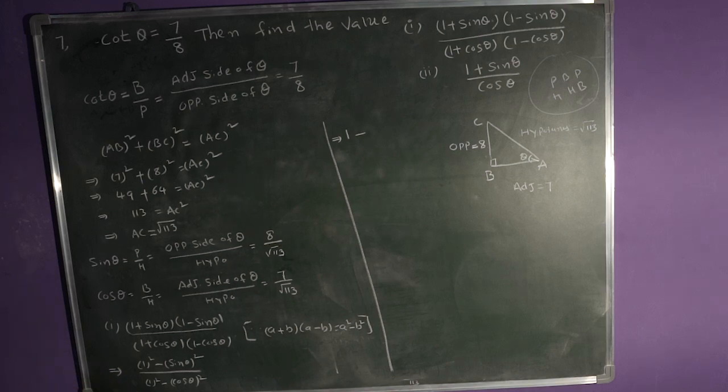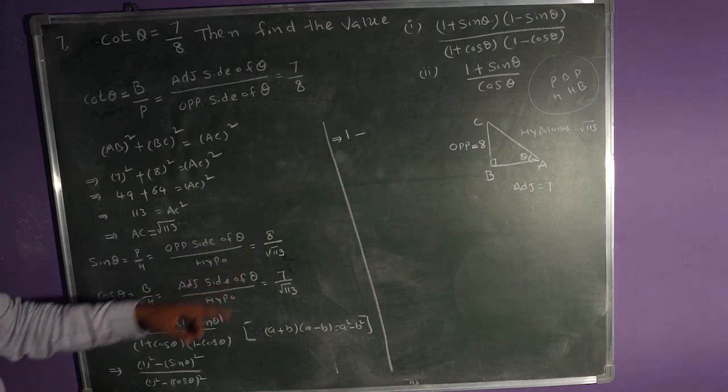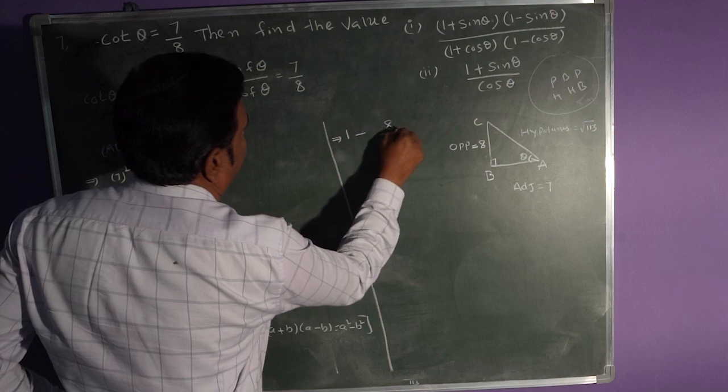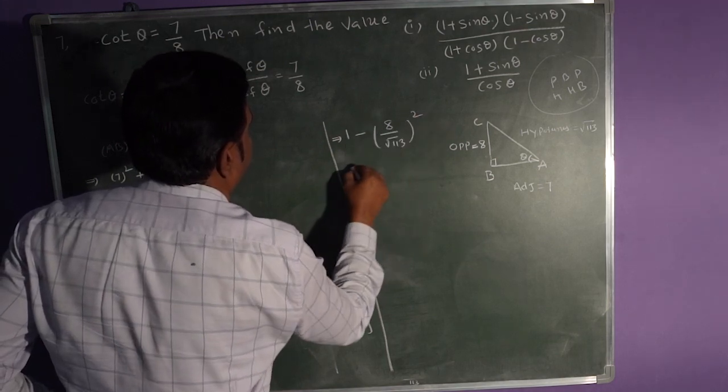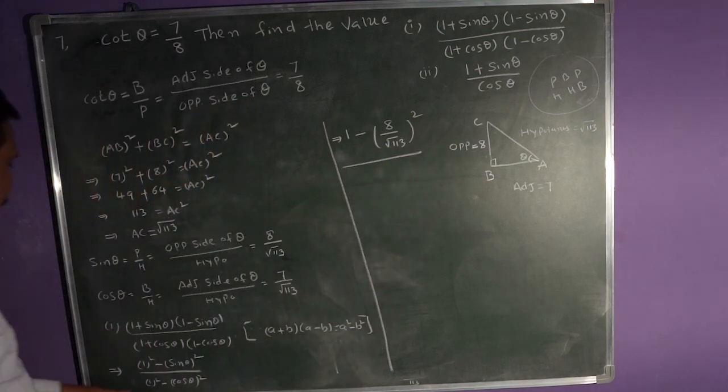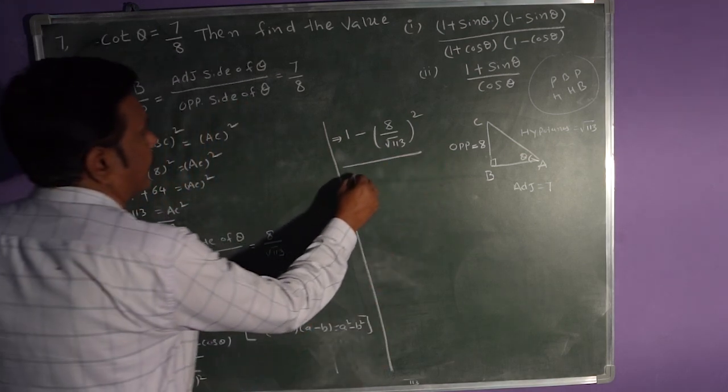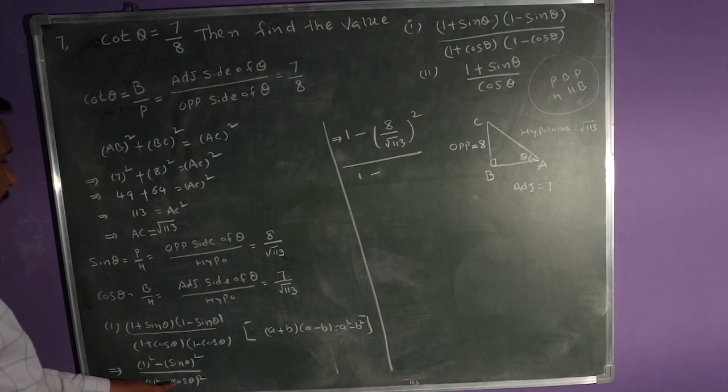1 minus sin theta whole square. What is sin theta? Sin theta is equal to 8 by root 113 whole square, divided by 1 minus cos theta whole square.